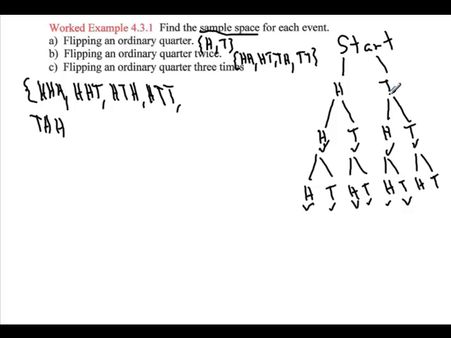So it looks like next we're at T, H, and T. Followed by TTH. And last but not least, our 8th outcome, 4, 5, 6, 7, is TTT, all tails. And that is our sample space for flipping an ordinary quarter 3 times.